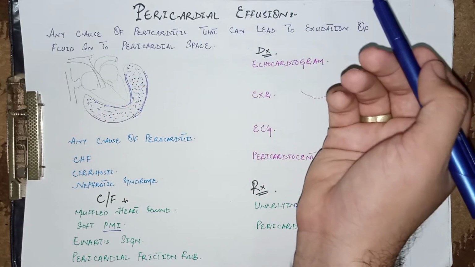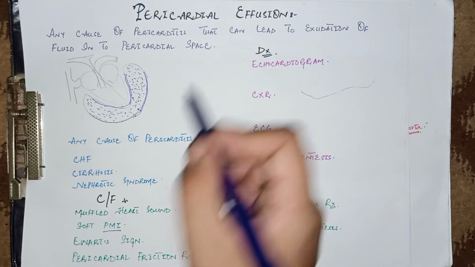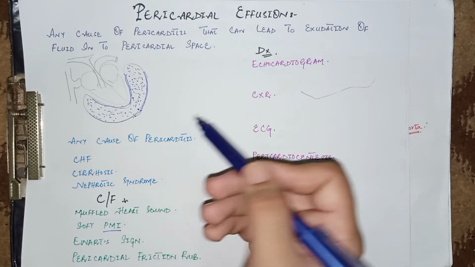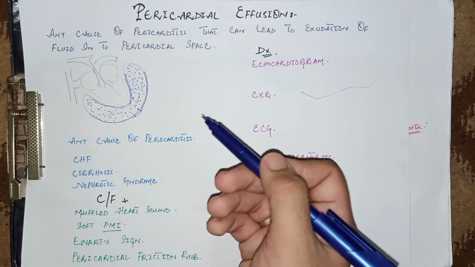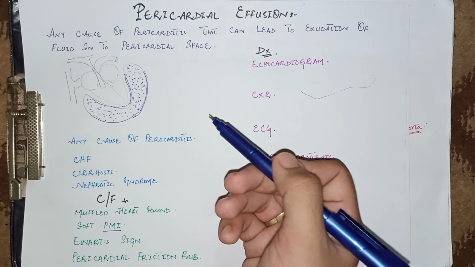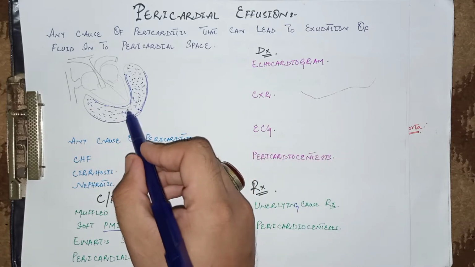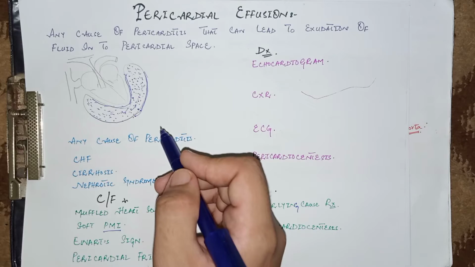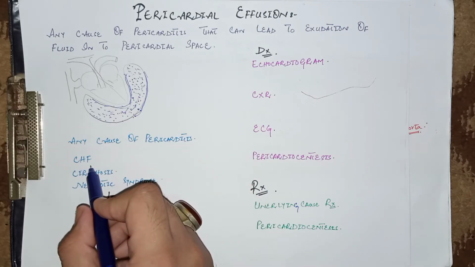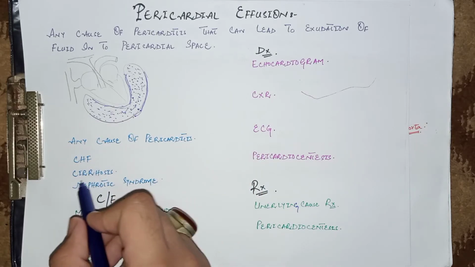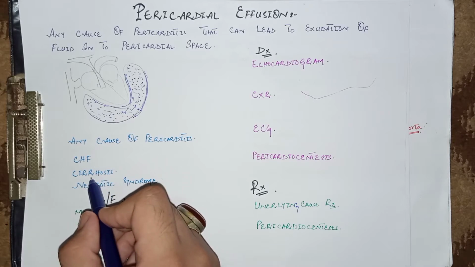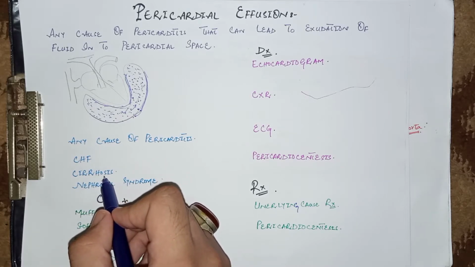There are multiple causes of pericardial effusion, which include any cause of pericarditis, like infectious causes, including viral, bacterial, or fungal infections, which can cause exudation of fluid into this space. Other causes include congestive cardiac failure or chronic heart failure, and cirrhosis of the liver. In cirrhosis patients, there is a loss of albumin synthesis.